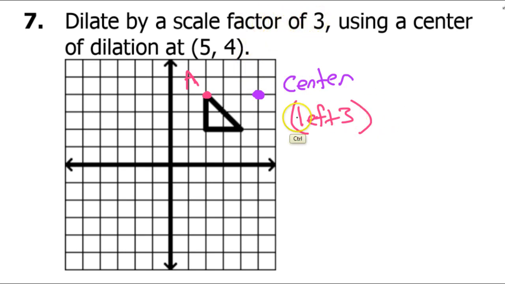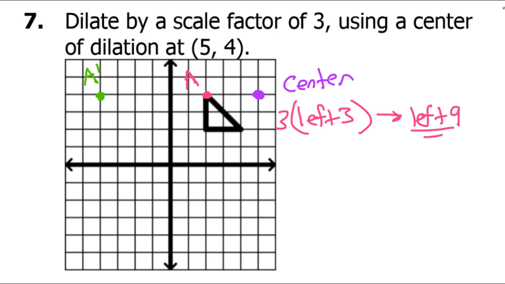So if I take this left 3 and multiply it by 3, because of the scale factor, that's going to become left 9. So that's what I need to do to get the new point. So I'm really going to go left 9. So here I go. There's 3, and then 6, and then 9. So here I am left 9, and this will be the point A prime.